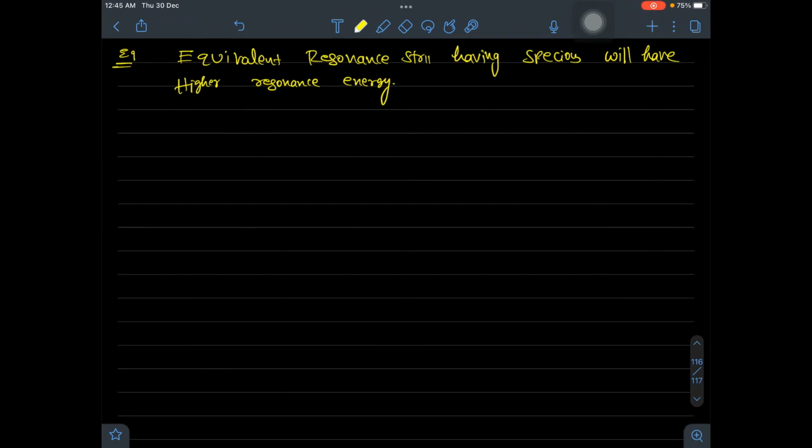The best example for this is carbonate, CO3 2 minus: C double bond O, O minus, O minus. When this negative charge shifts, the pi electron shifts onto oxygen, and it gives a resonance structure O minus, double bond O minus.